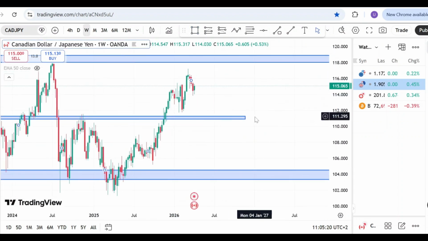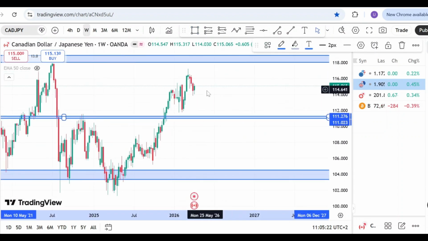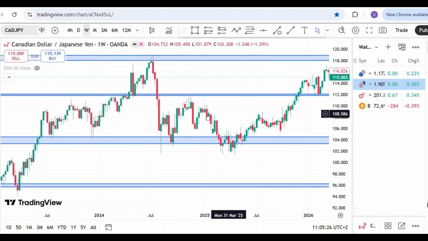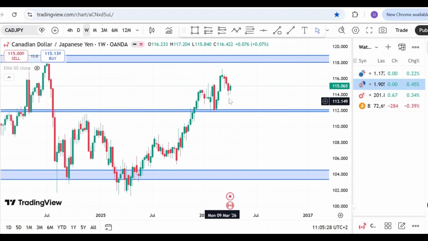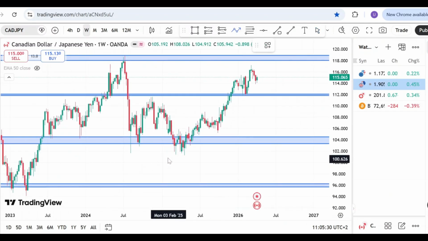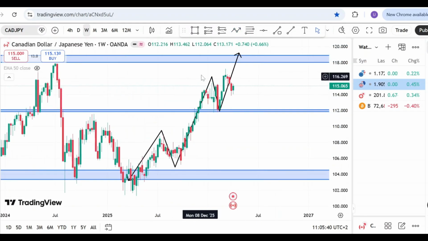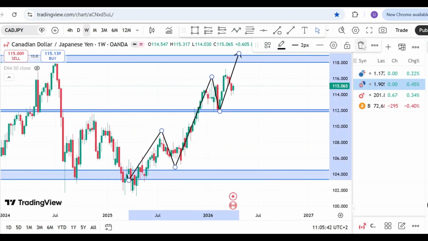We are in a beautiful uptrend here. Break of structure, higher high, higher low, higher high, higher low. Then we are expecting the price to keep moving in an uptrend.